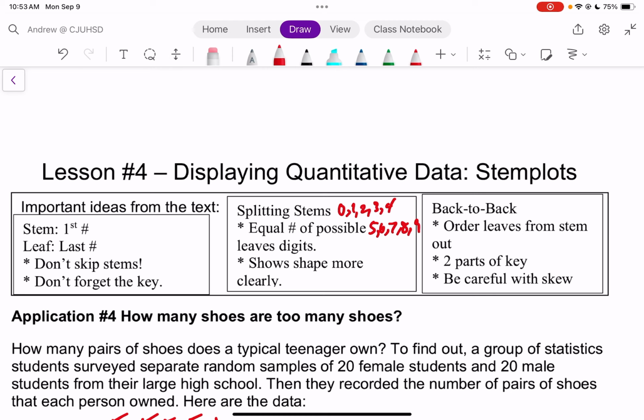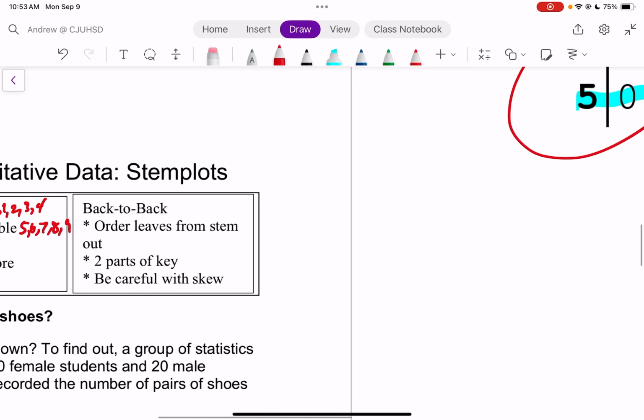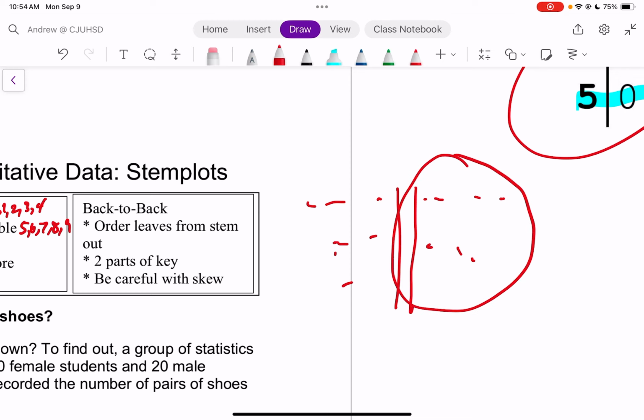Now, back-to-back stem leaf plots is not in this lesson, but the reason you'd have to be careful of skew in back-to-back stem leaf plots is you have common stems in the middle, and then you have numbers off on either side. Now, for the one that's over here on the right side, if you turn your head to the right and you look at it, it will show you the shape, either symmetric or skewed.